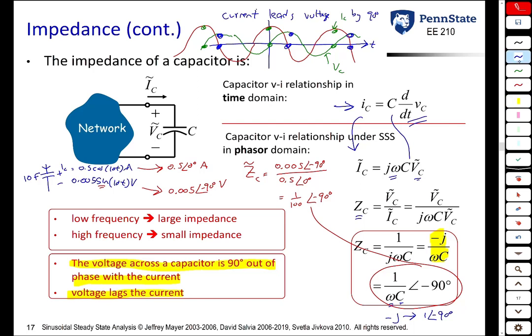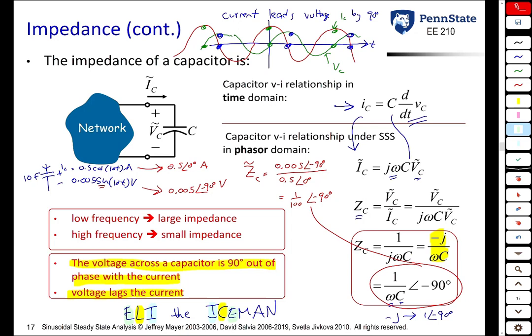A little mnemonic to help you remember that is the phrase ELI the ICEman. In an inductor, the voltage, which is also called electromotive force or EMF, leads the current, but in a capacitor, the current leads the voltage.